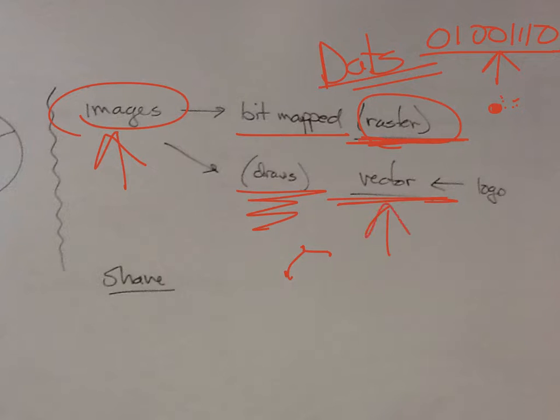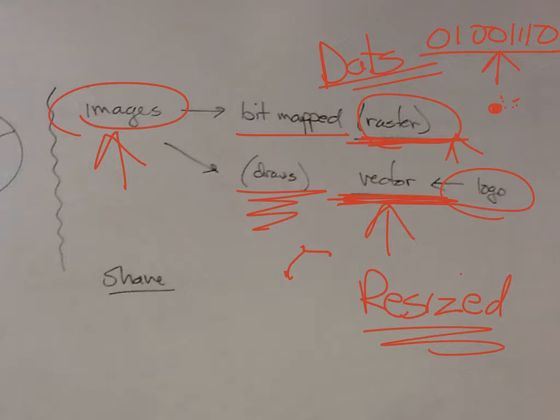Adobe Illustrator does this really well. Adobe Photoshop does this really well. This is good for things like logos because vector graphics can be resized and not lose their quality, whereas if you resize a bitmap, it doesn't look as good.